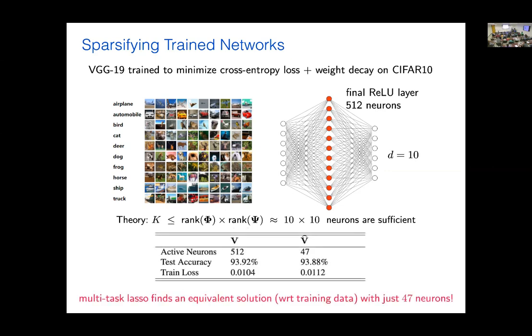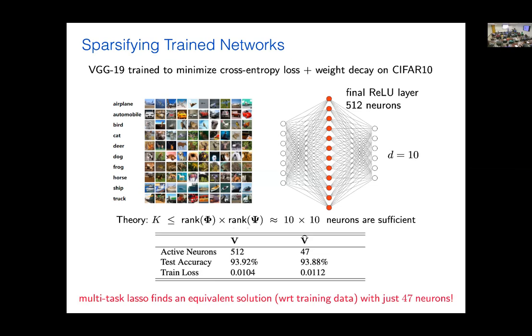What you can do then is take what I call multitask lasso optimization and apply it to the pre-trained neural network to see if you can find a sparser representation of the very same layer. So we're actually finding an equivalent neural network. It's exactly equivalent, with the same input-output patterns with respect to the training data it was trained on.